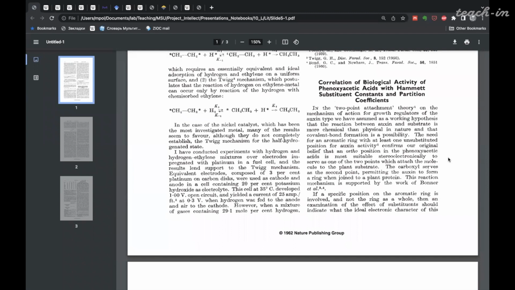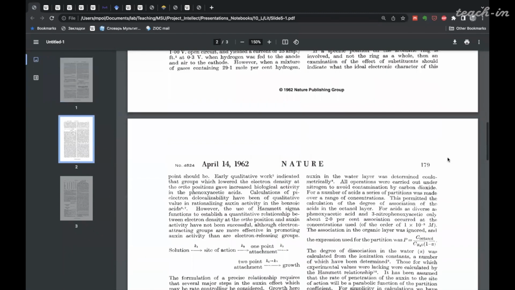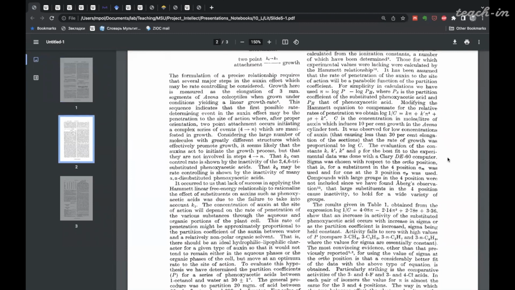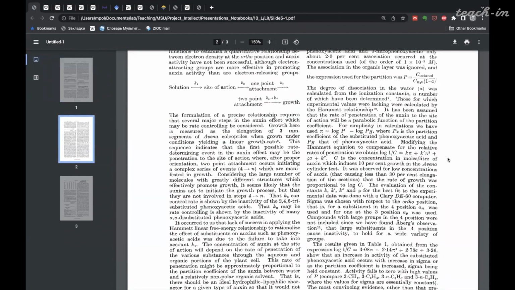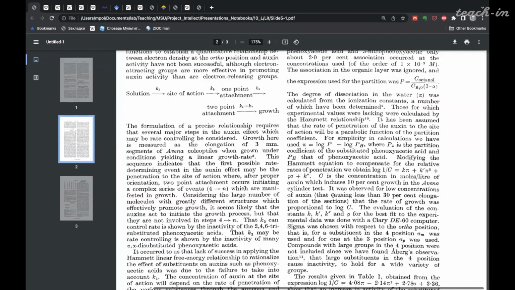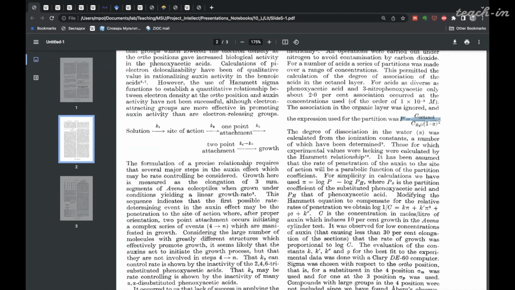The authors proposed to use two simple descriptors. First, they proposed to use the previously mentioned partition coefficient between octanol and water. So we have discussed this descriptor.